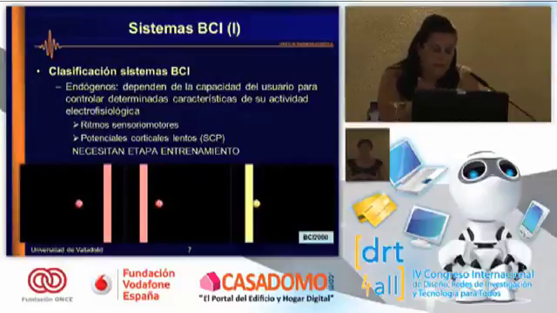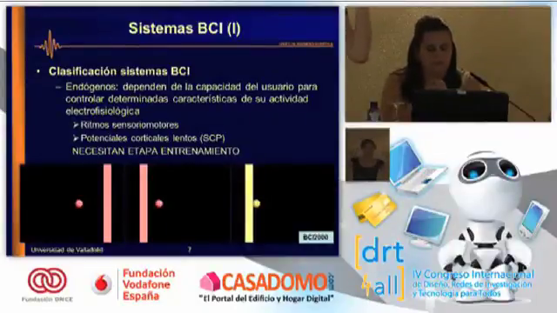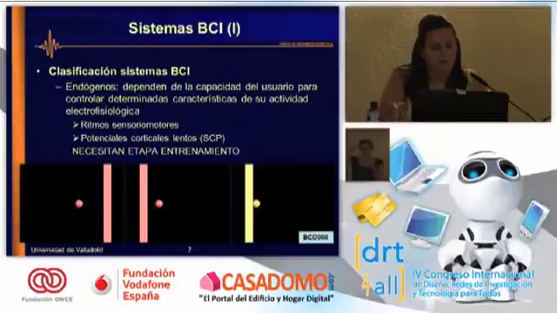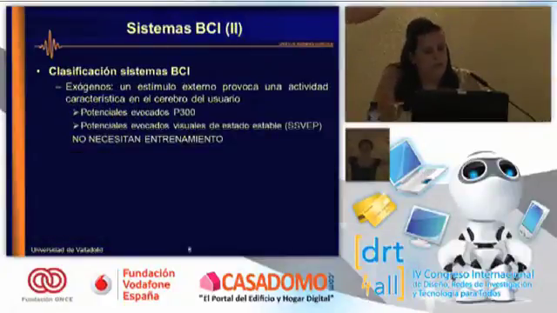And the drawback of the endogenous BCI systems is they need a training period. We need to conduct a number of sessions so that one can learn how to use these techniques and how to carry out these mental movements.